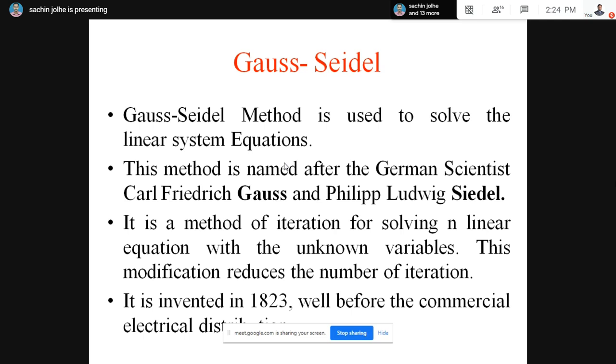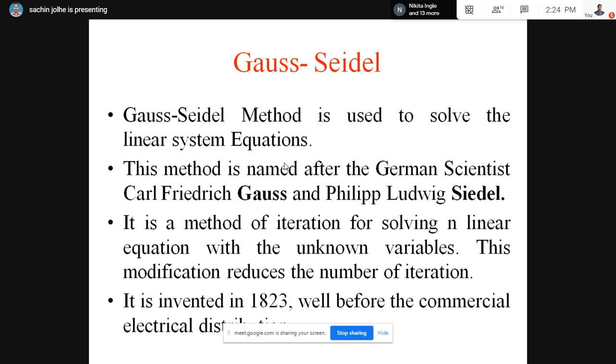This is named after the scientists Gauss and Seidel. This method is iterative for solving n linear equations with unknown variables. This modification reduces the number of iterations. This was invented in 1823, very long back, near about 200 years back. So it is still used.